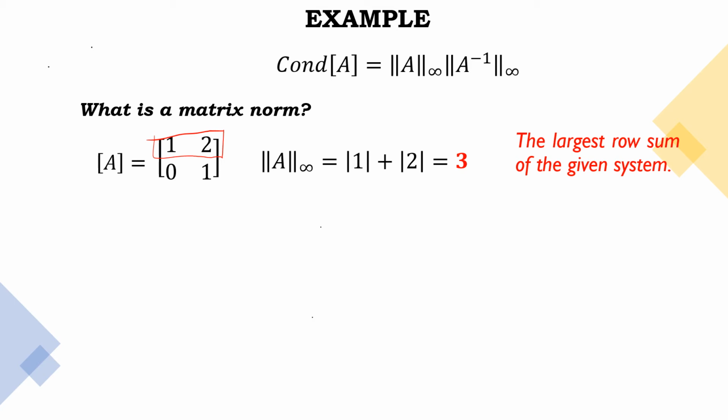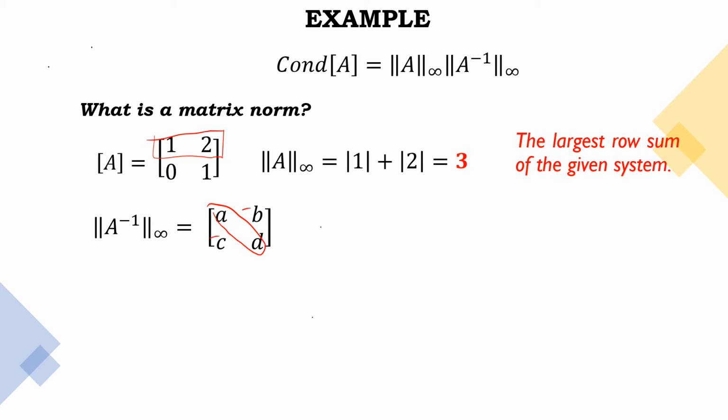Now, this time, let's talk about finding the norm of A inverse infinity. If this is our original matrix, A, B, C, D, you have to take note of the given diagonal. You just interchange A and D, and then make B and C negative.